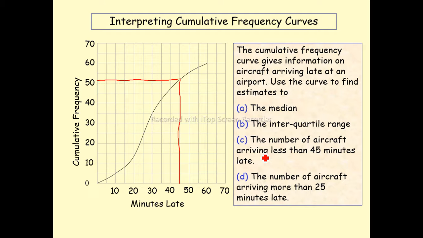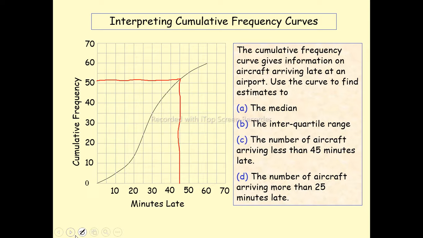Because that's where 45 minutes lines up on the curve. 45 is not exactly on 50 though, it's more like 52. But they did say estimate, so estimate to the nearest 10. 150. Okay, all right.